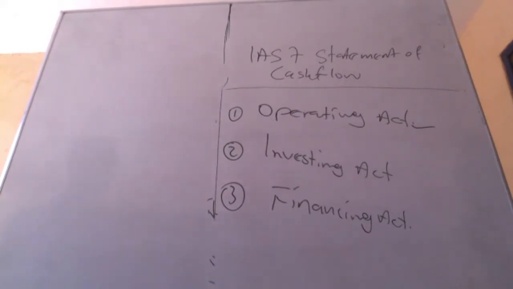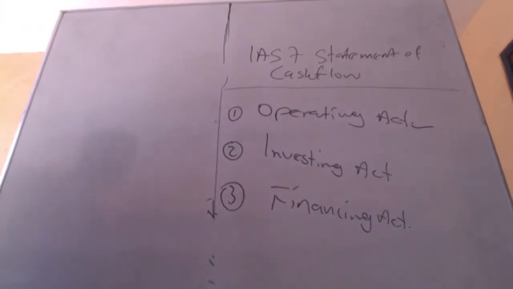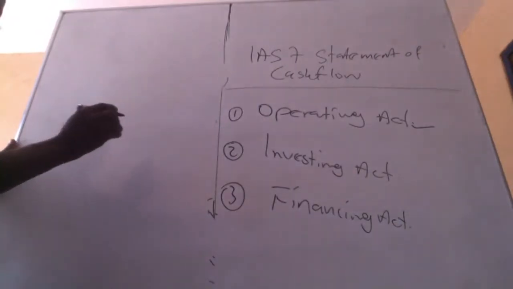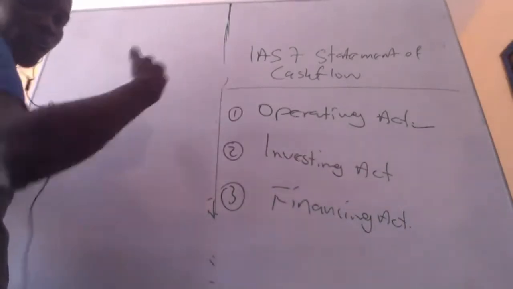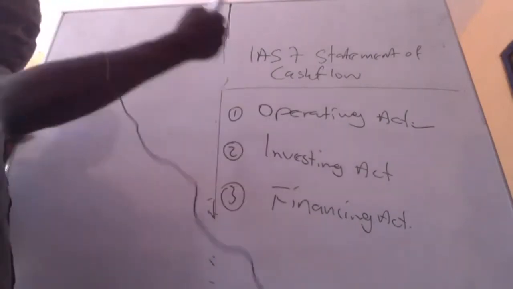Now, when you go to investing, investing talks about the opportunities that probably you took advantage of during the year. So it includes buying and then selling of what? Assets. So acquisition of non-current assets. So investing activity basically talks about non-current assets. How you buy non-current assets and then how you dispose of them, any return you are getting on them.